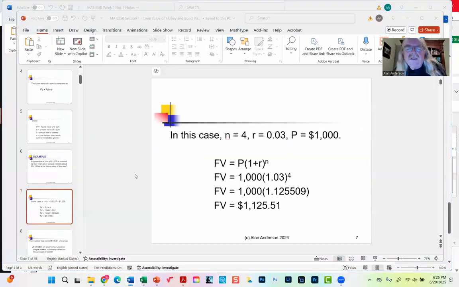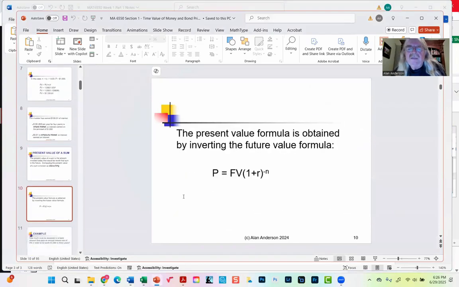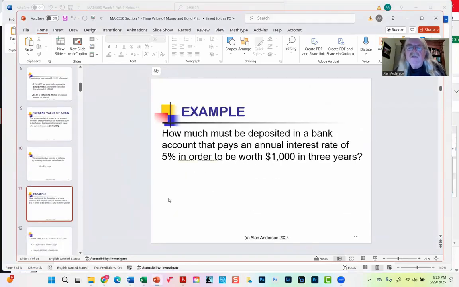All right, so let's look at the case in front of us. Let's say we want to know how much would we have to put in a bank now. It pays an annual rate of interest of 5% in order to be worth $1,000 in 3 years. So it's a 3-year investment.